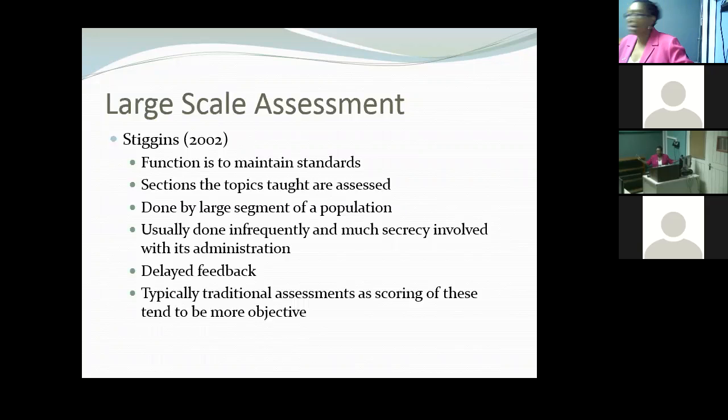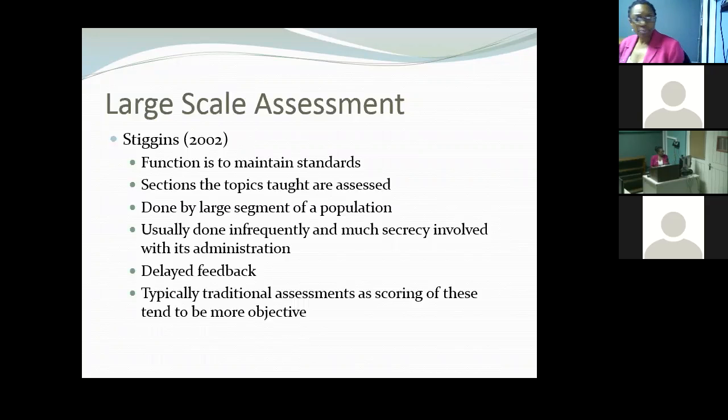Those are large-scale exams that function to maintain standards. So you want to see how various students compare from year to year, from school to school, from country to country. That's your large-scale exams.